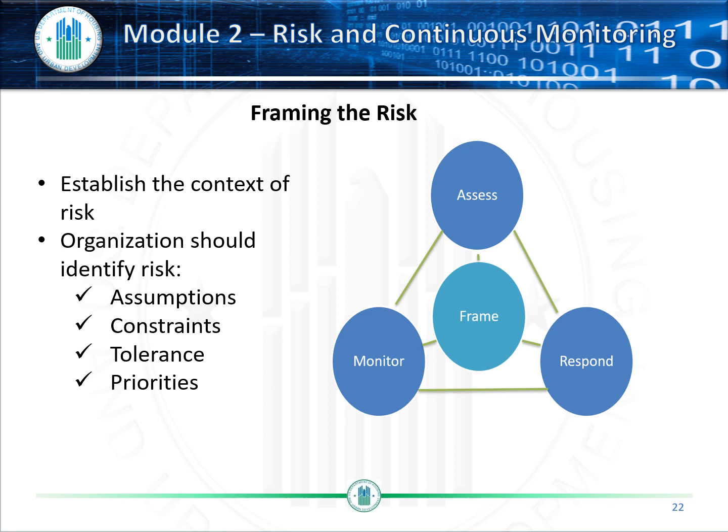Establishing a realistic and credible risk frame requires that organizations identify risk assumptions, such as assumptions about the threats, vulnerabilities, consequences, impact, and likelihood of occurrence that affect how risk is assessed, responded to, and monitored over time. Risk constraints, such as constraints on the risk assessment, response, and monitoring alternatives under consideration.